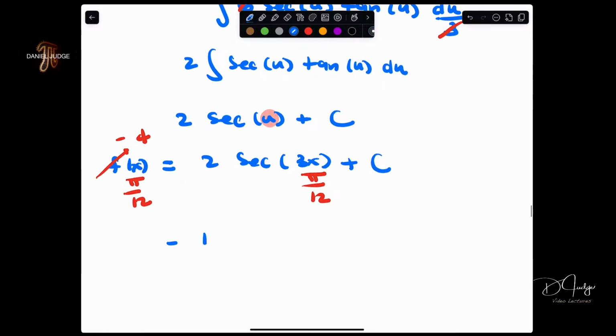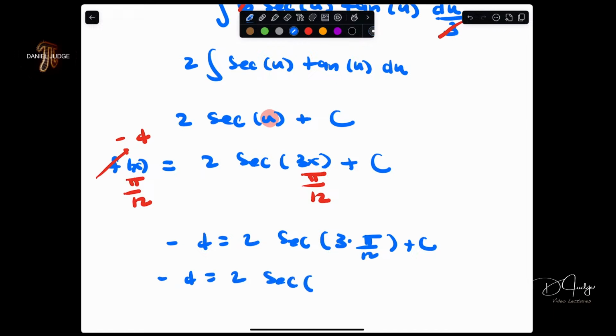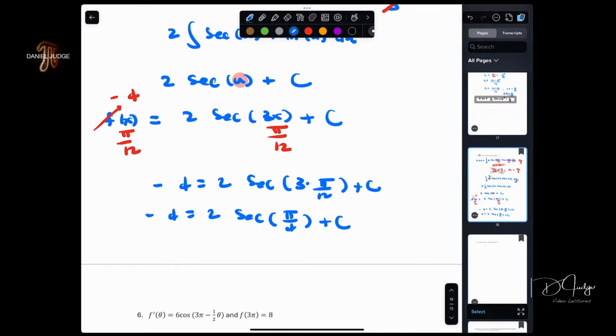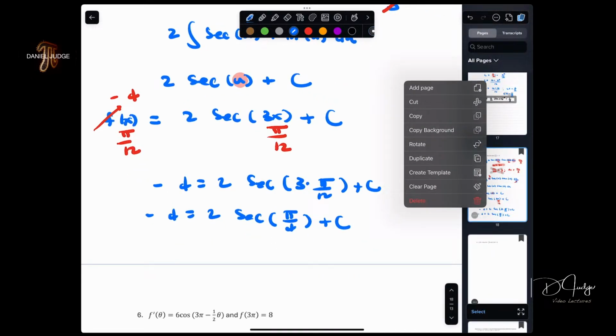So we have negative 4 is 2 secant 3 pi over 12 plus c, which is negative 4 equals 2 secant, looks like pi over 4 now, plus c.